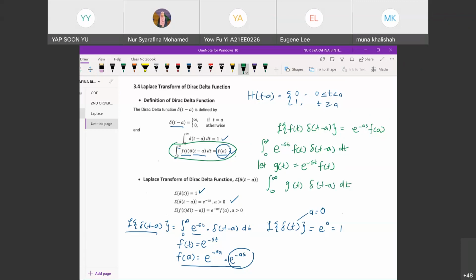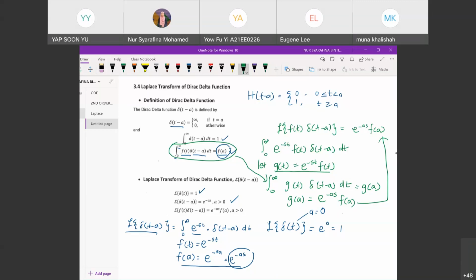By definition, if f(t) delta(t minus a) gives f(a), then the integral from 0 to infinity of g(t) delta(t minus a) equals g(a), where g(a) equals, just substitute a with t, e to the power of negative as f(a). Same as the product of the transformation there. Clear or not? So this is how we prove where the transformation comes from.